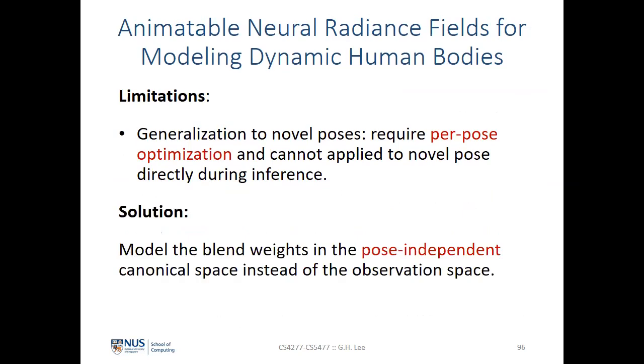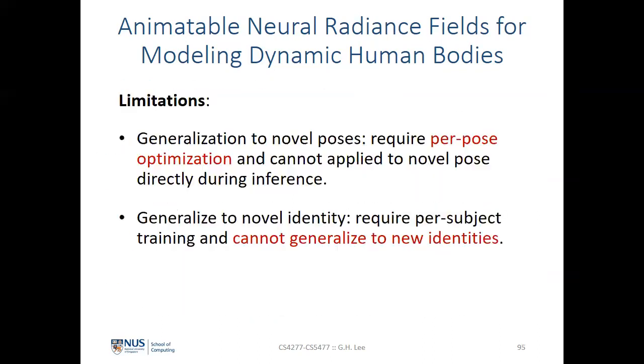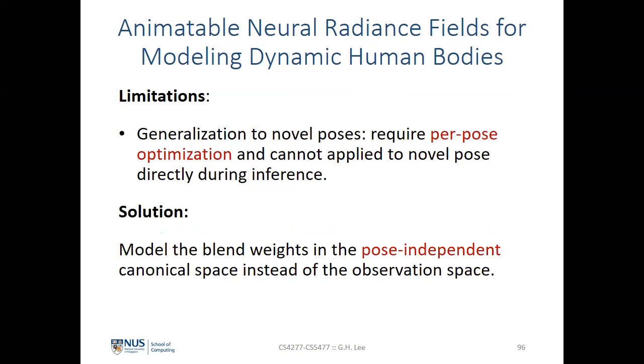For the first problem, pose optimization, we can have a solution here. Because the blend weights here are dependent on the observation space, which means that they take in X as input in order to give the X prime over here, that's why it cannot generalize to different poses.